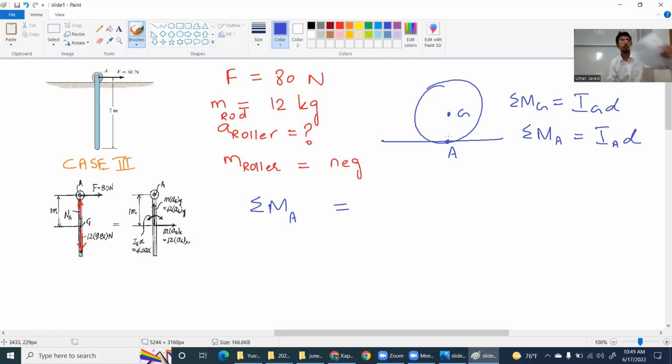And I have shown you in those cases that whenever your point of rotation is also fixed, you can use summation M is equal to I alpha. Life is beautiful.